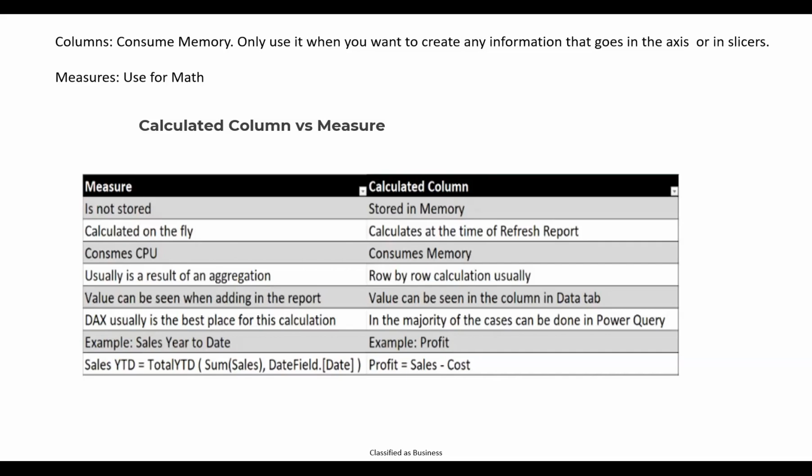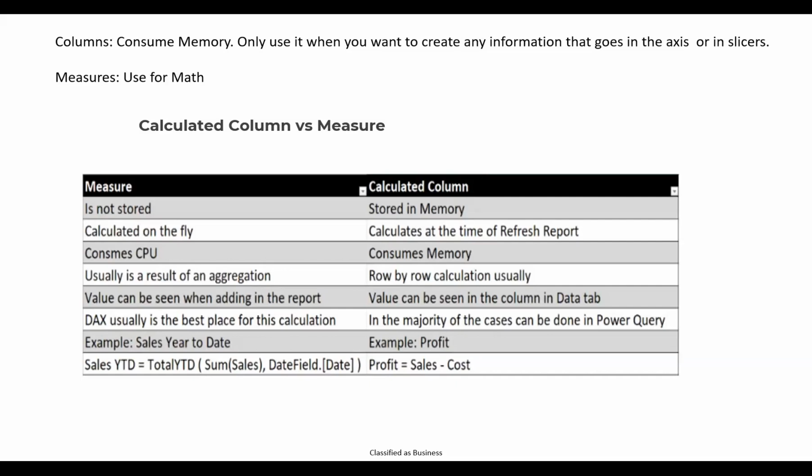A measure, see here, is calculated on the fly. So the total values will get stored in the form of a cache. Whenever you drag and drop it onto the reporting canvas, the created output of this particular measure will be reflected at the time of refresh runtime.